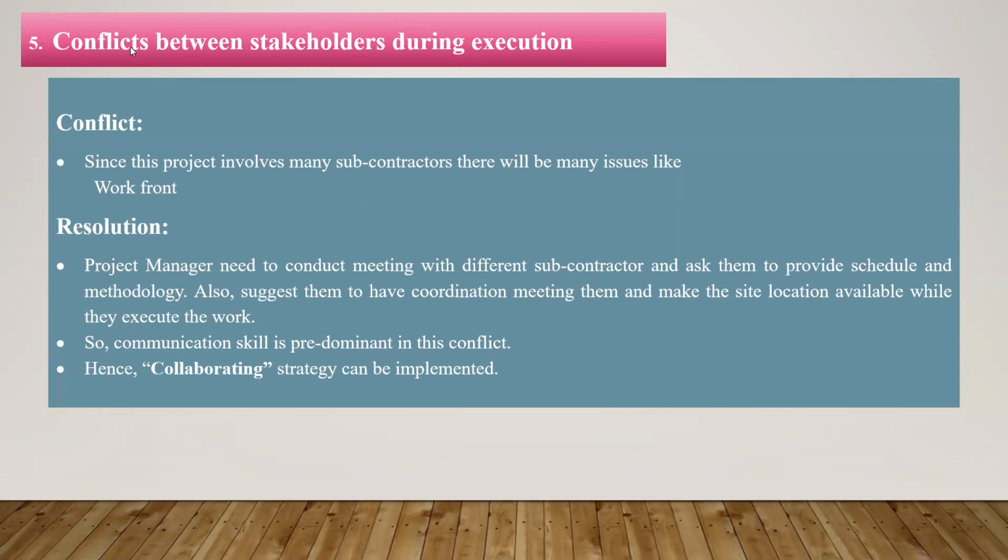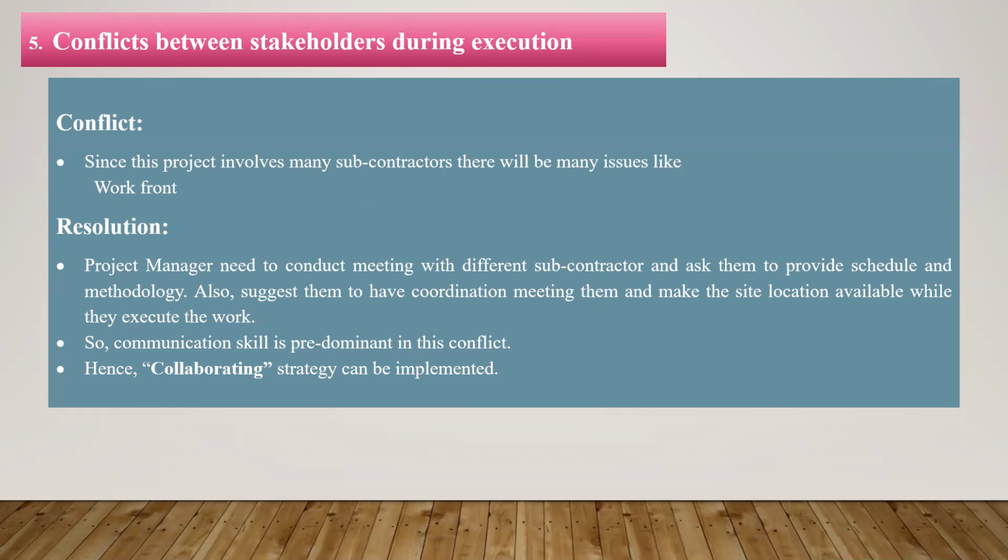So I'm continuing with conflicts between stakeholders during execution. Basically, a construction project, commercial or residential, is a huge project, so there are many investors and many chances of conflicts between them.